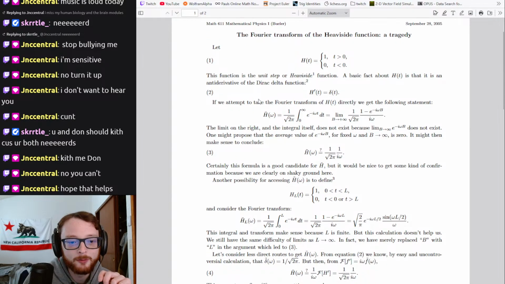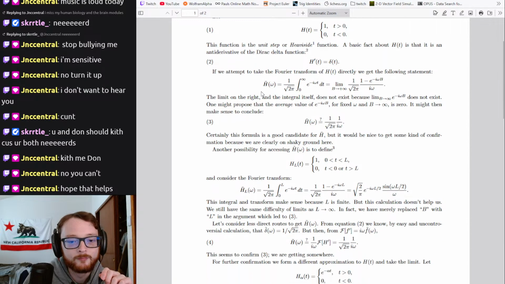I think Shakespeare probably wrote this. So this is really similar to the Fourier transform that I got.